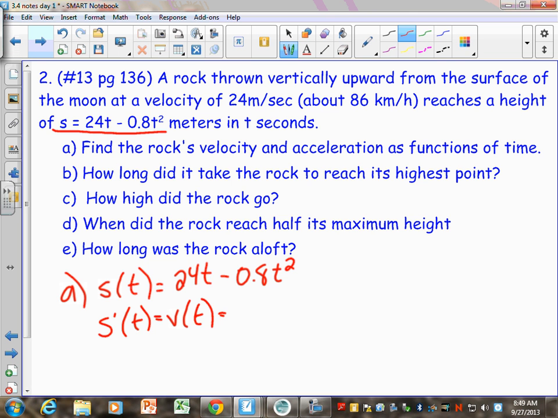Eventually I don't write s prime of t every time, but I am today because it's our notes. And again, to take derivatives, we don't have to do the limit thing anymore. We can just use our shortcuts, which means this shouldn't be so bad to do. That would just be the derivative of 24t is just 24, minus 1.6t.